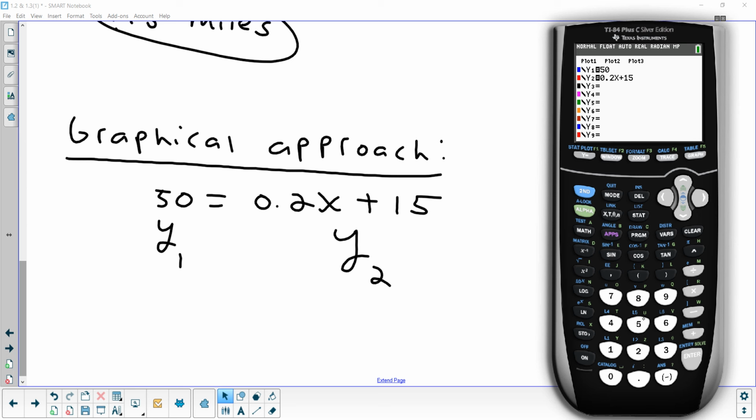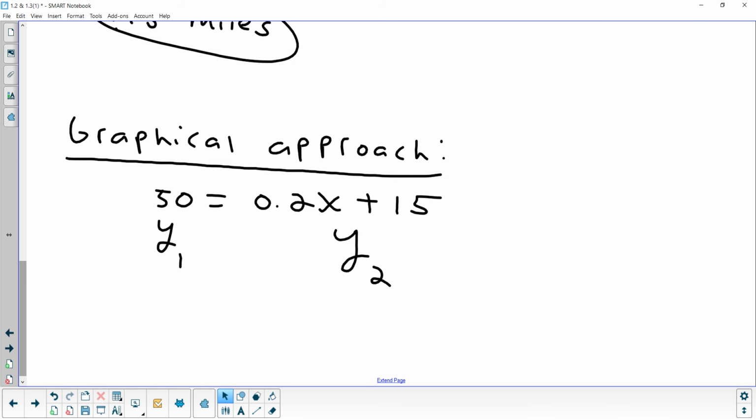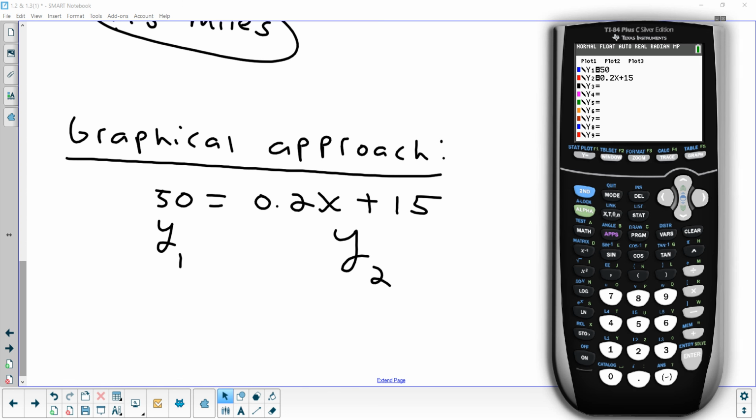Now, we have to do a couple things first, but we're going to be looking for where the picture in y1 equals the picture in y2. That's kind of a weird way to say it. What does it mean when one picture equals another picture?